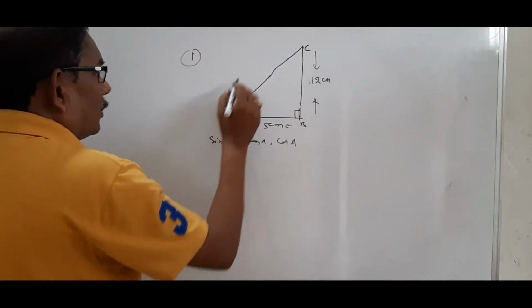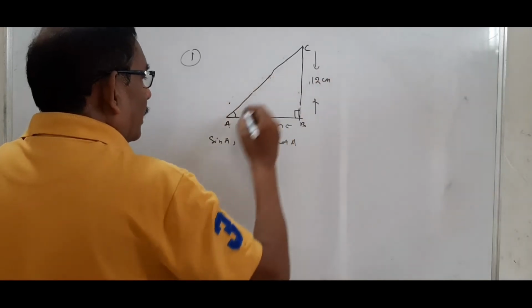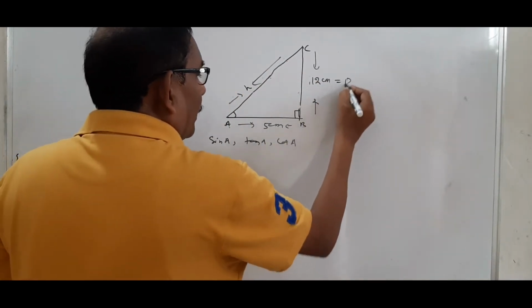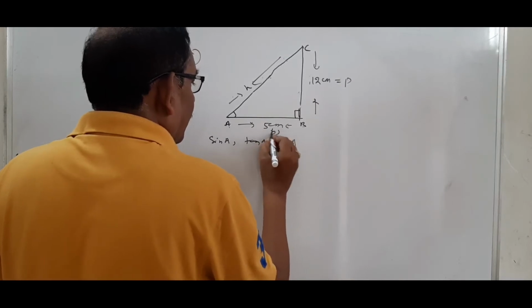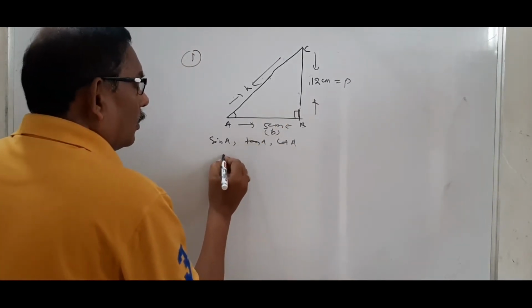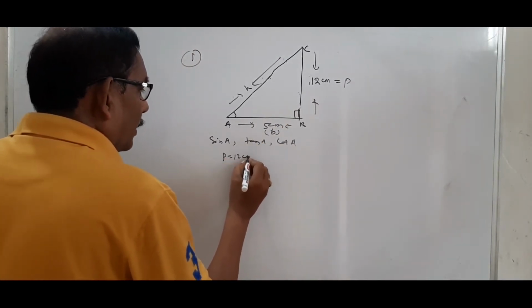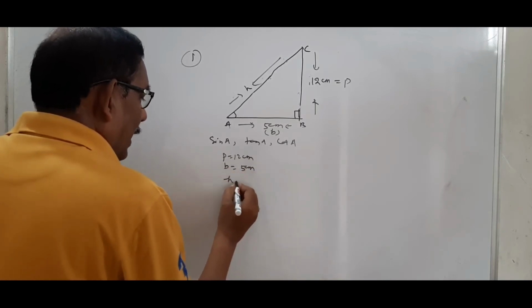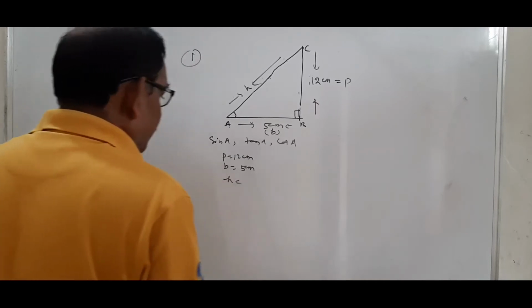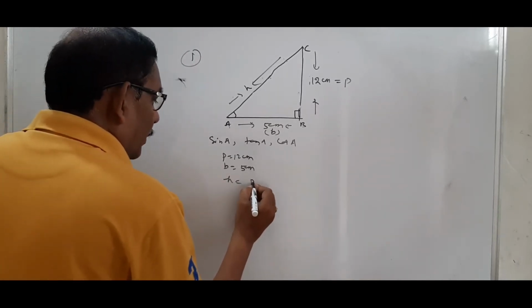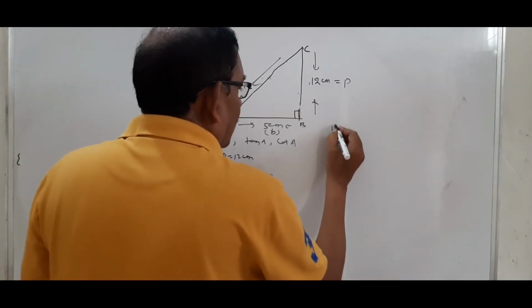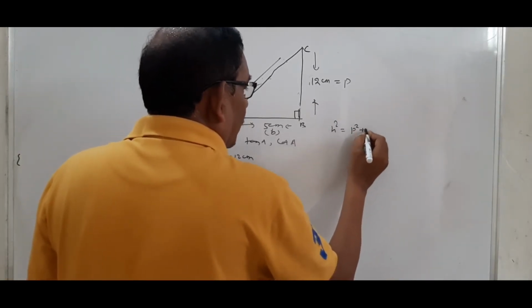So P is 12 centimeters, B is 5 centimeters. Find H using the Pythagoras theorem: H square is equal to P square plus B square.